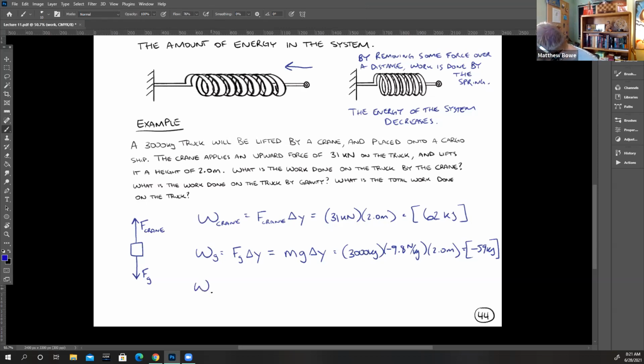So work total, that's just work of the crane in this case, plus the work from gravity. 62 kilojoules minus 59 kilojoules. We get a total work done on the truck as it's being lifted of 3 kilojoules.